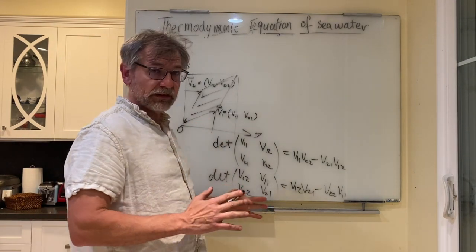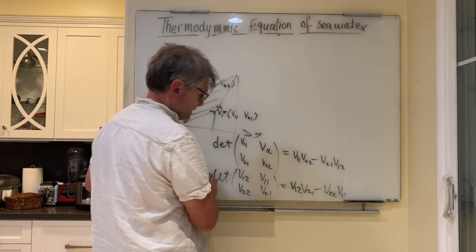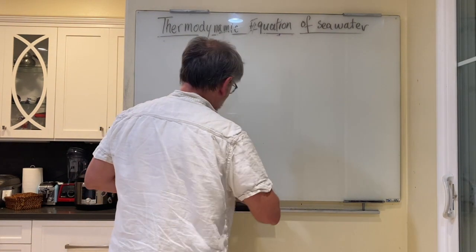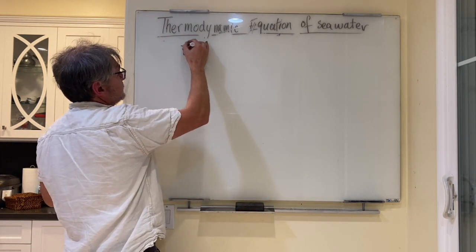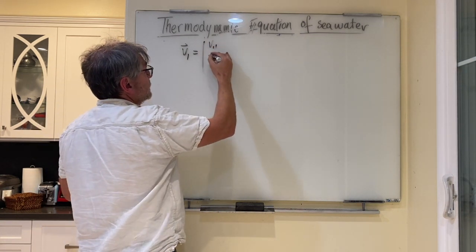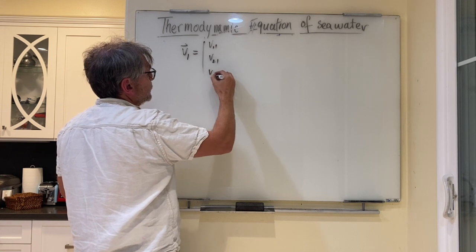We can do the same thing in 3 dimensions. Let me show you how that works. Suppose now I have 3 vectors. v1 now has 3 components because I'm in 3 dimensions: v11, v21, v31.